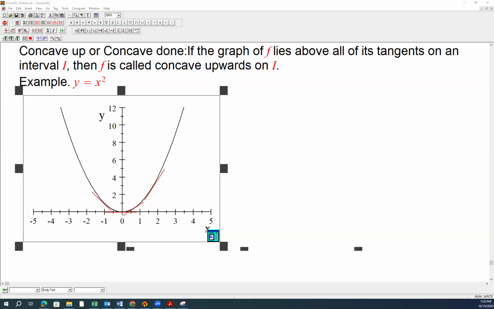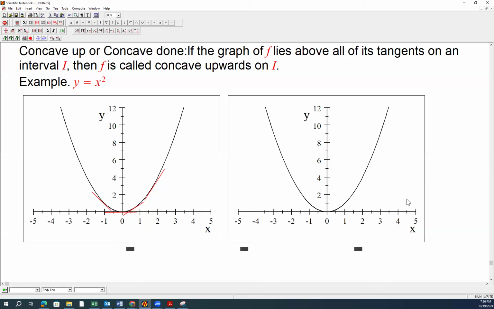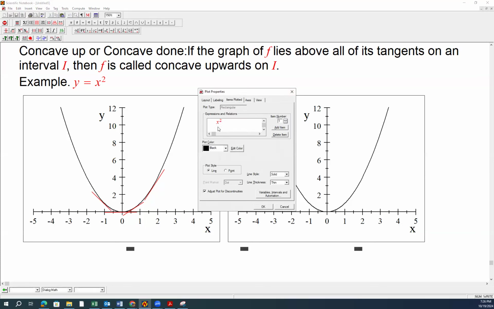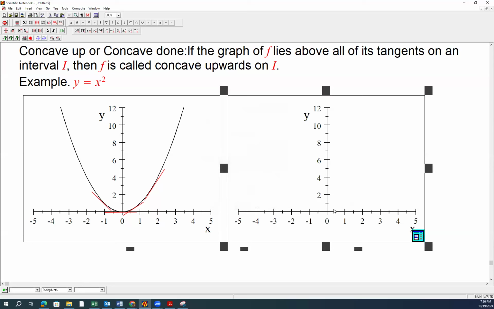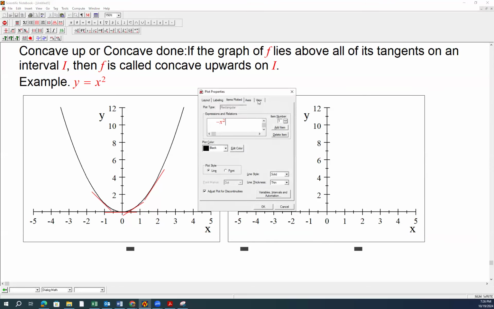However, if we look at another example, you certainly will get concave down, right? So another example would be concave down, if I just put a negative sign in front of it. So this is just to explain what is concave up, what is concave down.